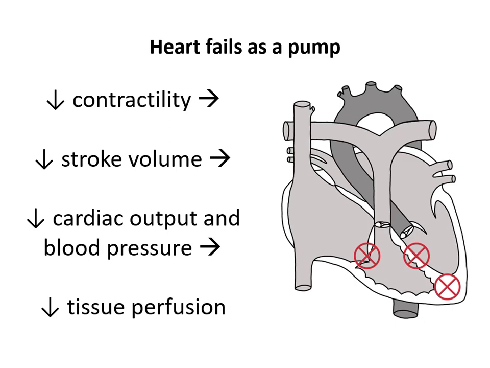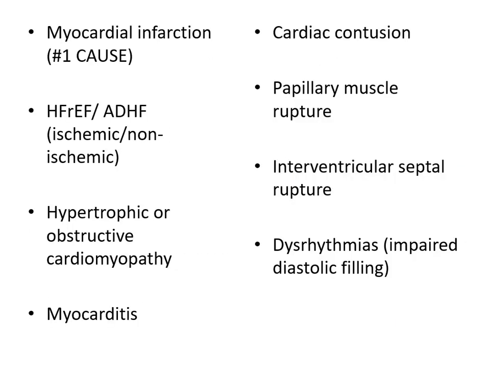Essentially, the heart fails as a pump, and there is decreased contractility that leads to decreased stroke volume, decreased cardiac output and blood pressure, and decreased tissue perfusion. Here I've listed some common causes of cardiogenic shock, with myocardial infarction being the number one cause.